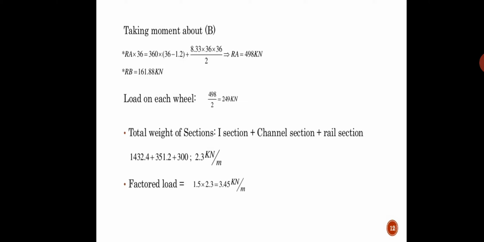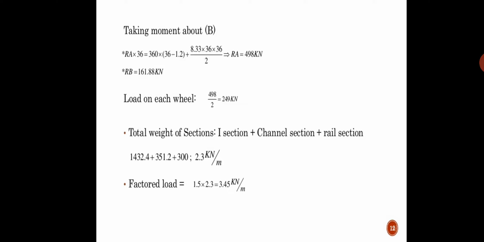Generally two wheels act on a gantry girder. 498 divided by 2, the maximum reaction will be taken as the wheel load. So we will take RA, 498 divided by 2, it means 249 kilonewton load on each wheel.